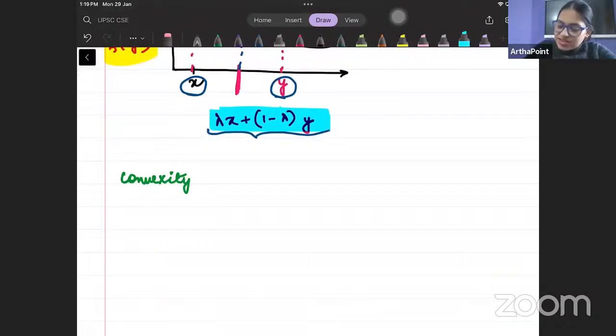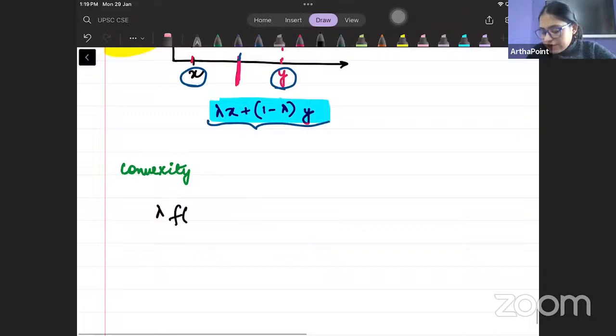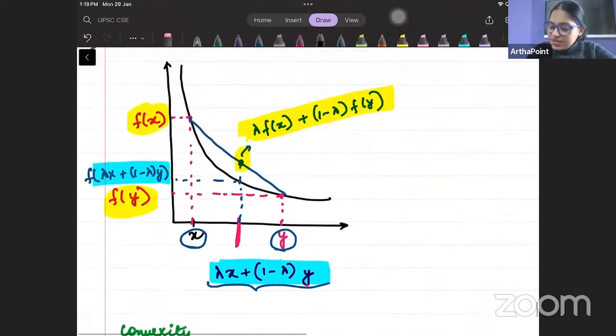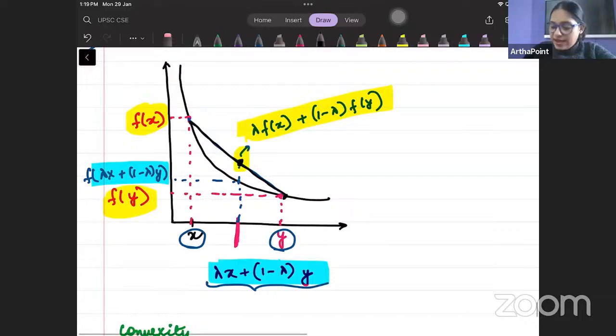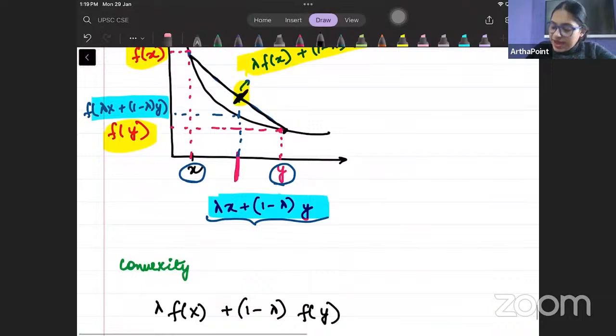So it says that lambda, देखो ध्यान से समझो, हाँ, lambda f of x plus 1 minus lambda f of y, ये जो इसकी एवरेज आई है, इस लाइन सेगमेंट का जो एवरेज पॉइंट आया है, it is going to be greater than इस पॉइंट का जो वैल्यूएशन आता है.